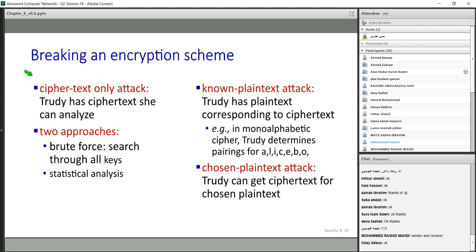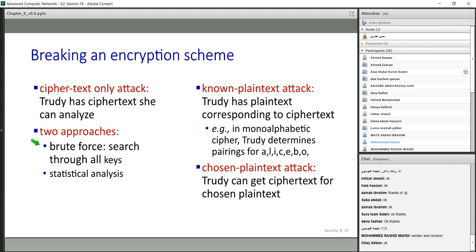But if Trudy does not have the key, then what can she do? Trudy should analyze the ciphertext if she wants to know what is inside the message. We have two different approaches to analyze this ciphertext.